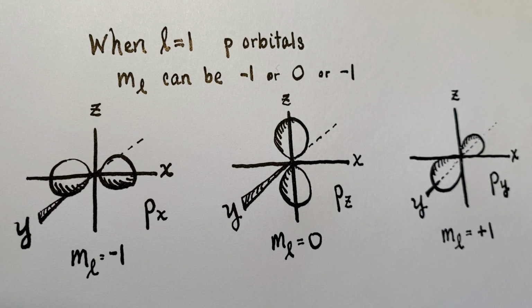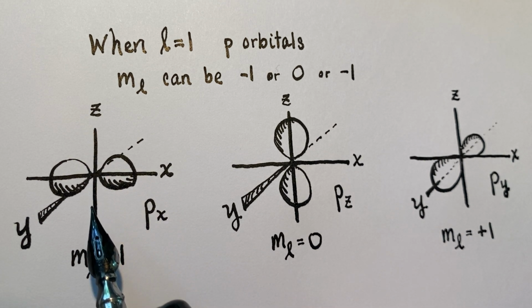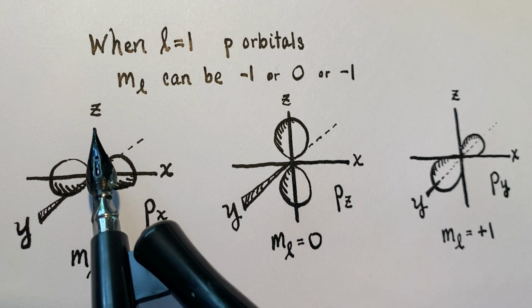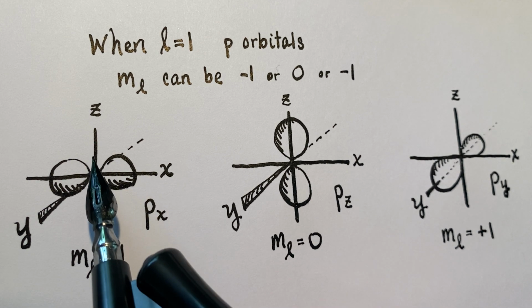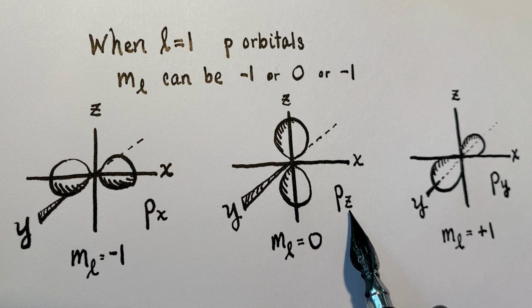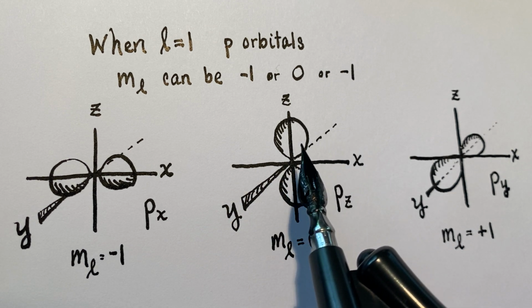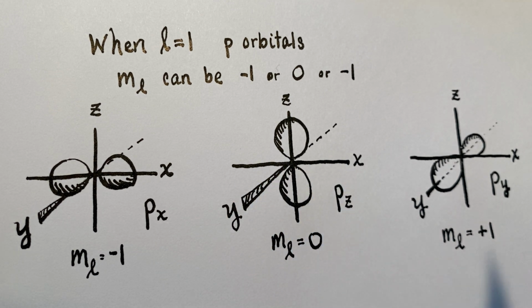Okay, now in terms of nodes, we have nodal planes here that are separating the two lobes from each other on either side. So with p orbitals, there's one nodal plane. That is a plane where there's a 0 probability of finding an electron. With our pz orbital, the nodal plane is along the xy plane here. 0 probability.